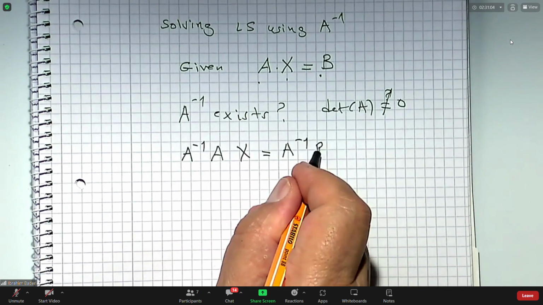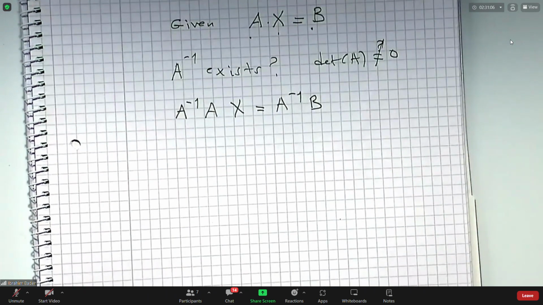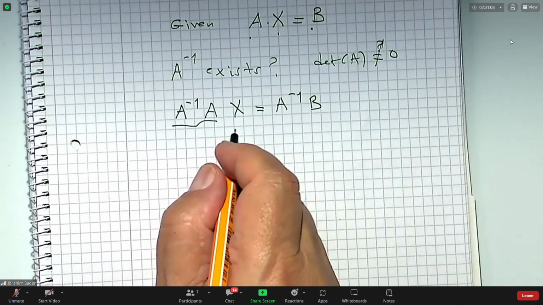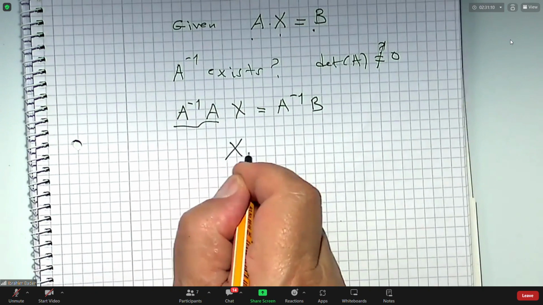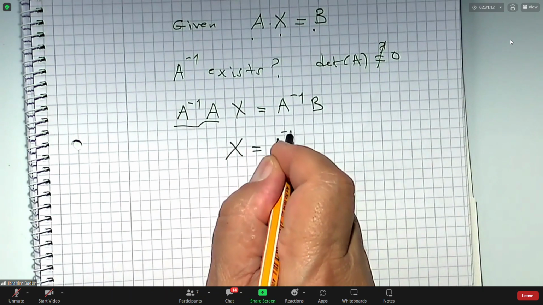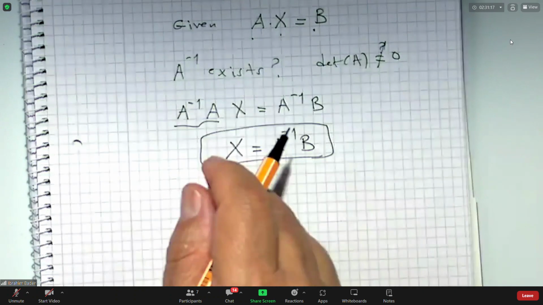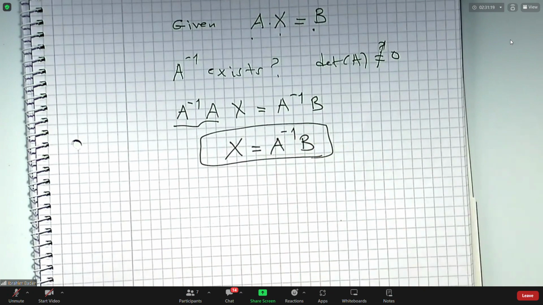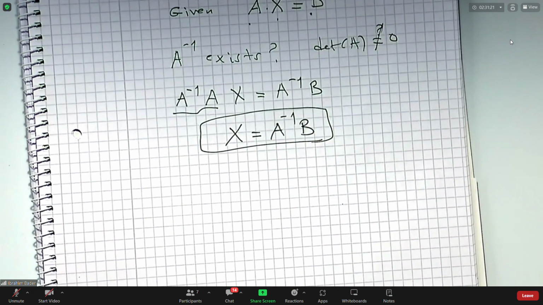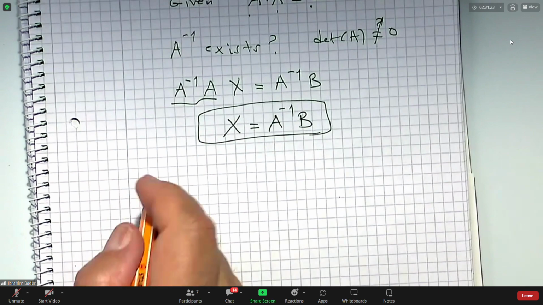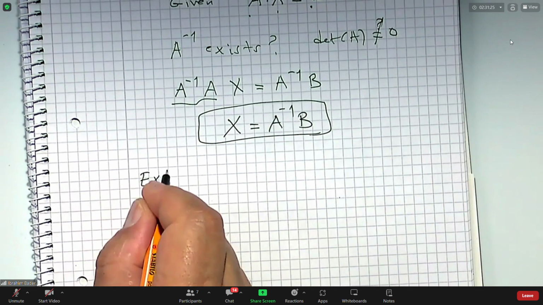Now here you have to be careful, multiplication from the right to the left. This will give me I times X is equal to A inverse times B. So all you need to do after you find the inverse is to multiply it with the right-hand side of your equation, and you are there. This is the solution. Let's see an example.